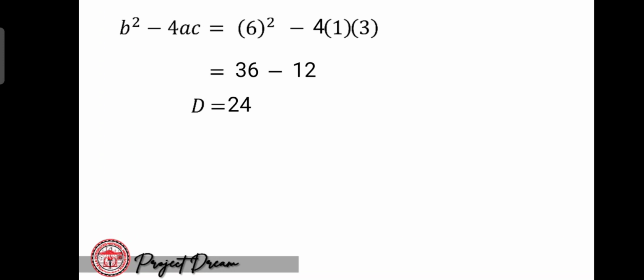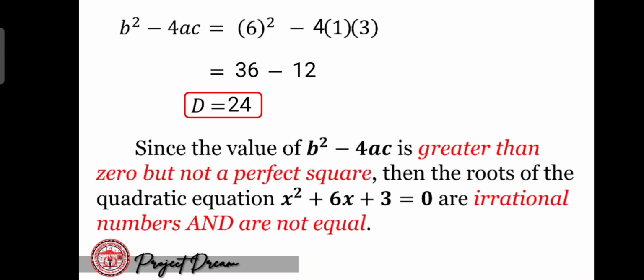Any idea? The roots of the quadratic equation x squared plus 6x plus 3 is equal to 0 are irrational numbers and are not equal. So, let us find out if it is true.